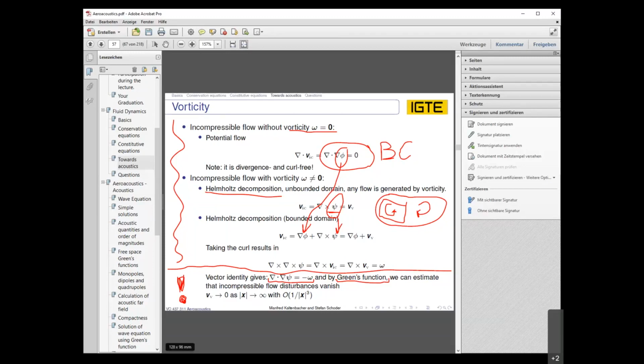Then we come to the essential of the fluid dynamics part. So if we have this equation and we know the Green's function, we can estimate how an incompressible flow disturbance vanishes with respect to the distance.